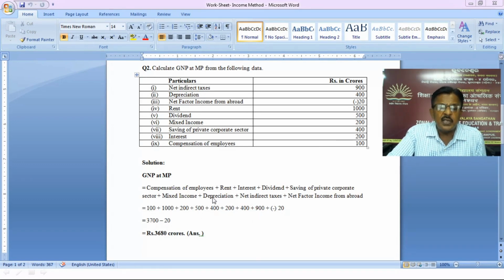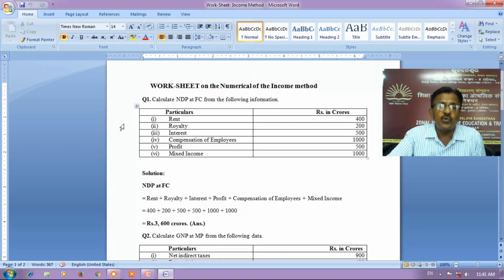Then the depreciation value is 400, and the net indirect tax value is 900. Then net factor income from abroad is minus 20. So 3700 up to this, then minus 20, so it is 3680. So this is the GNP at market price, and the first one was NDP at factor cost.